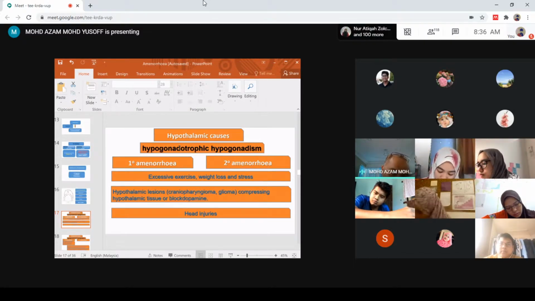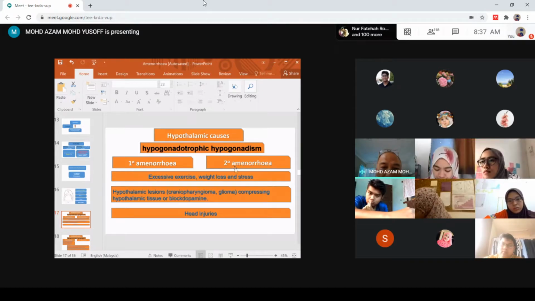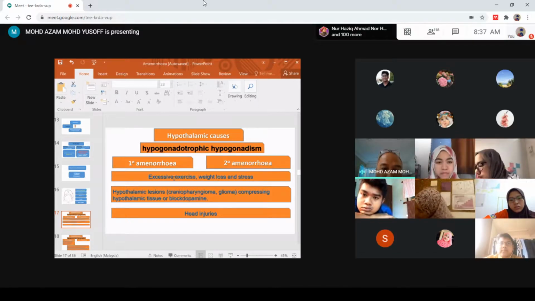It means that FSH and LH are low, and estrogen is low as well. I divide this into primary and secondary amenorrhea. Excessive weight gain, excessive exercise, weight loss, and stress can affect both primary and secondary amenorrhea. It can cause both.